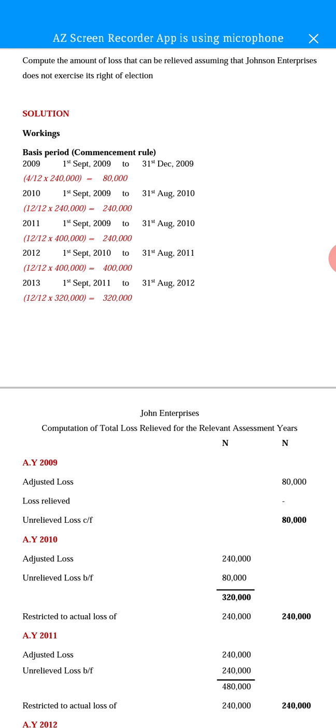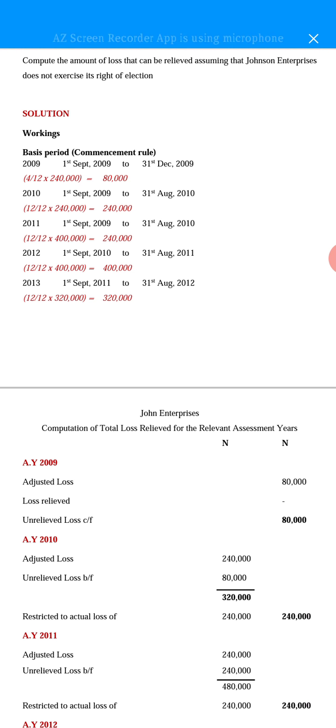In 2010, the second year, from day of commencement to the next 12 months. The next 12 months here is 31st August 2010. It coincides with the adjusted profit, so there is no form of adjustment. That's why we have 12 over 12, 1 multiplied by 240, which will still give you a loss of 240,000.